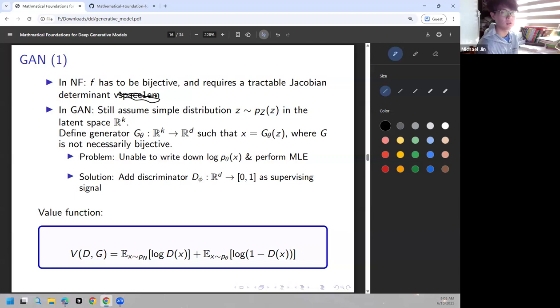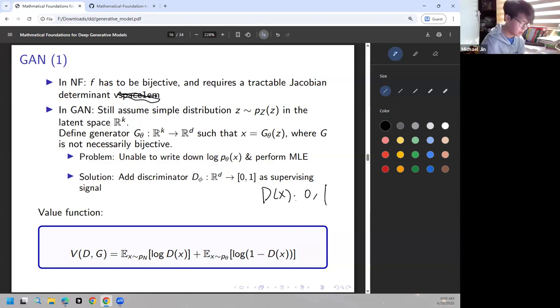The first term is the expectation when x is drawn from the empirical distribution of the log of the discriminator D of x, plus the expectation when x follows our model distribution p of theta of the log of 1 minus D of x. And because D is between 0 and 1, the two-part expectation under the log function is either log 0 plus log 1 or log 1 plus log 0, and it's never positive.